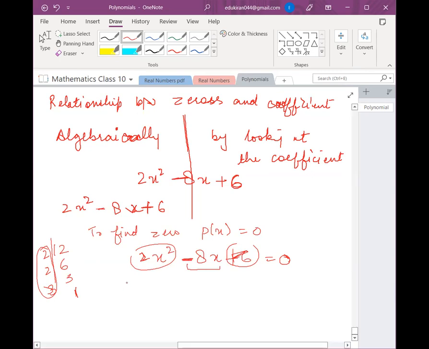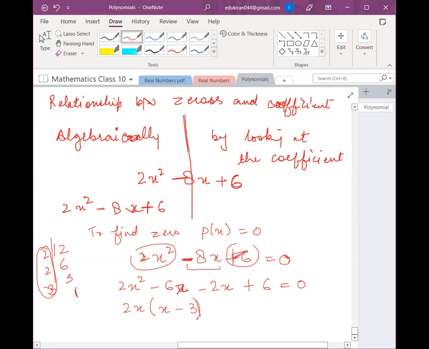Clear? Okay. So I'll write 2x square minus 6x and minus 2x. Both are minus, so they will add up and give you minus 8x. And then the plus 6 is equal to 0. Now, first two terms, you can take 2x common, right? So you are left with x minus 3.